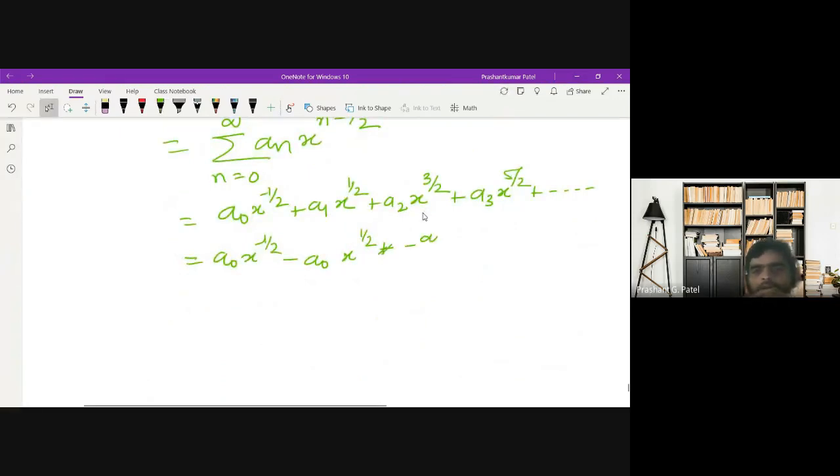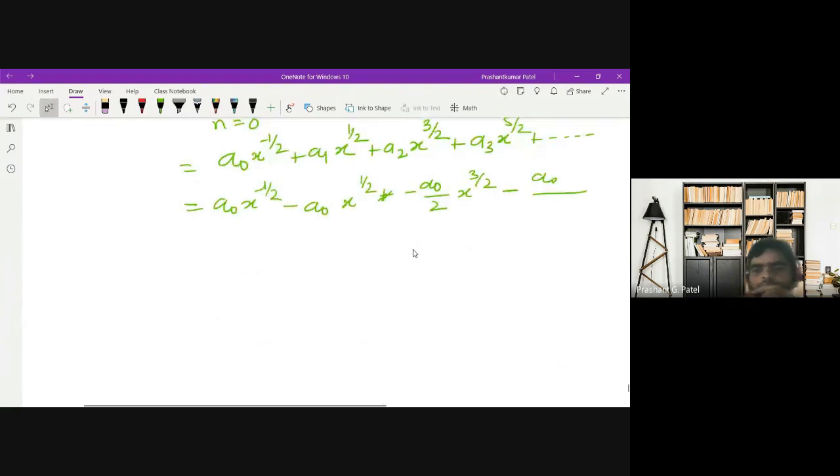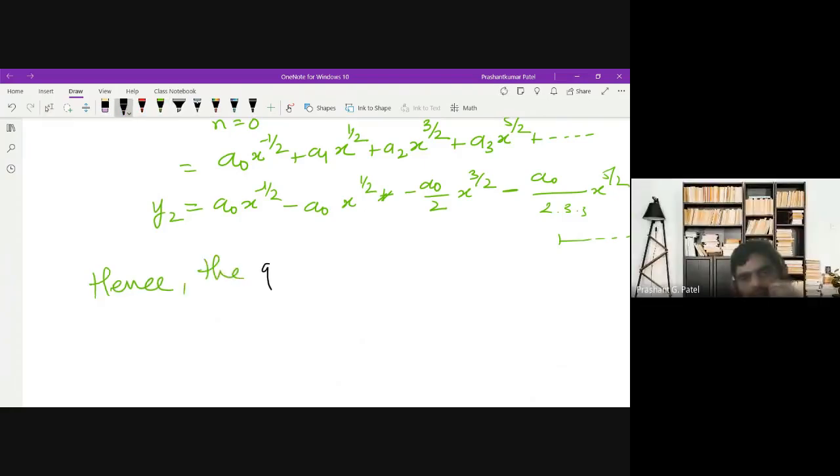So this is minus a0 by 2 x raised to 3 by 2. a3 is a0 upon 2 into 3 into 3, so it is 2 into 3 into 3 x raised to 5 by 2 and so on. So this is the value of a0. This is the solution.